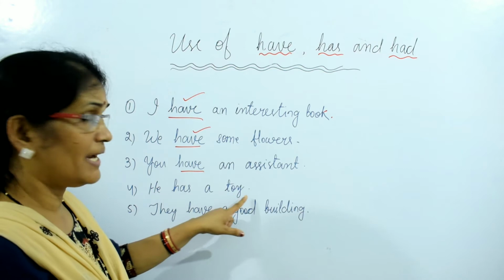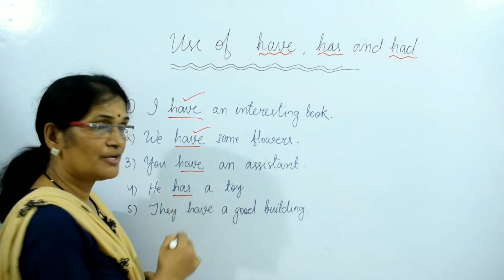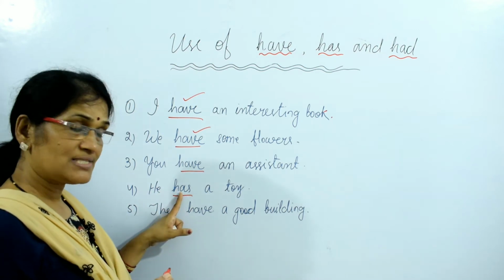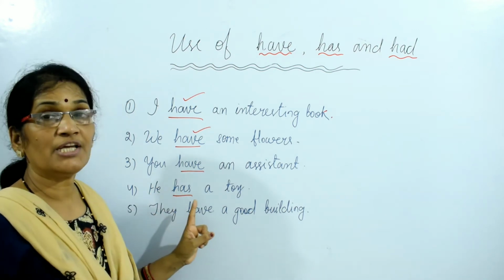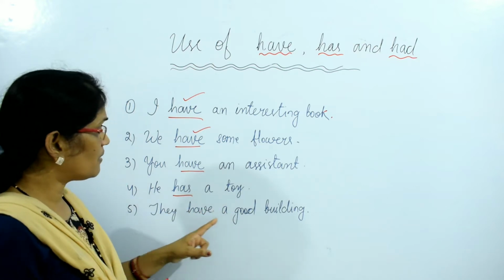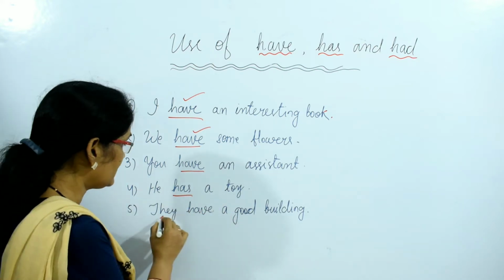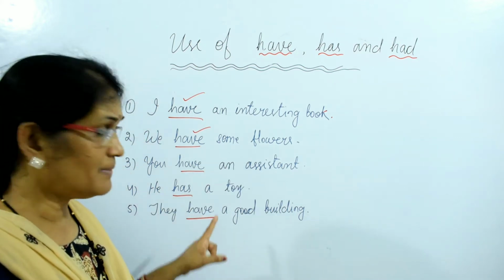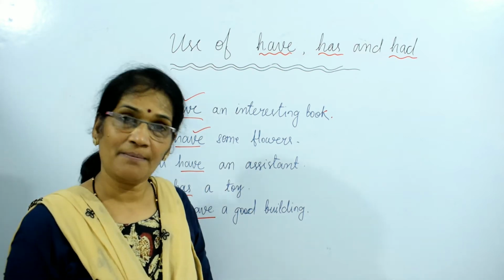He has a toy. Has is the main verb. Also, he agrees with has and she agrees with has. She has a toy. They have a good building. Here they agrees with have. And have is one verb in this sentence, so have is the main verb.